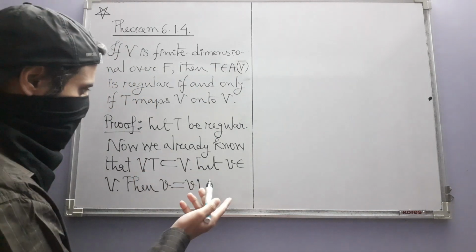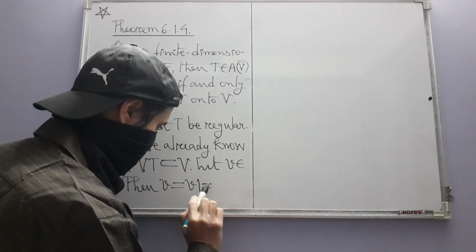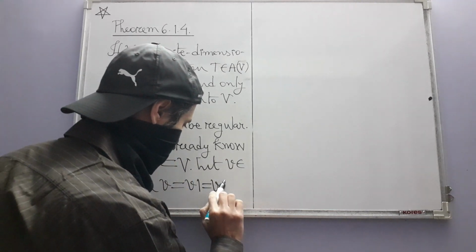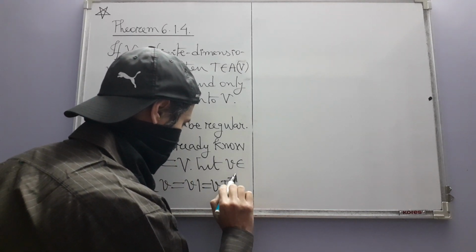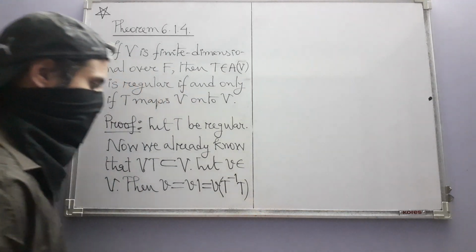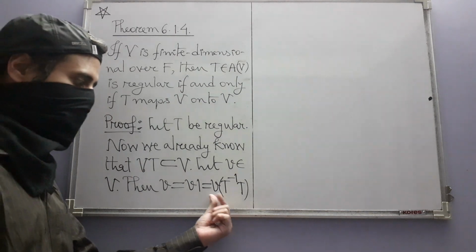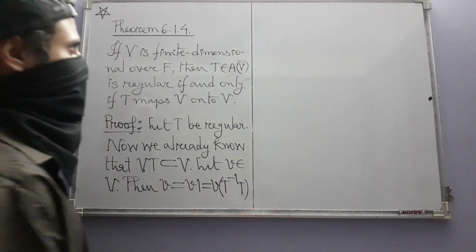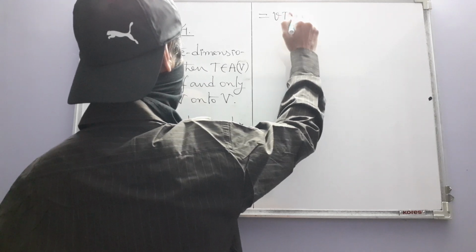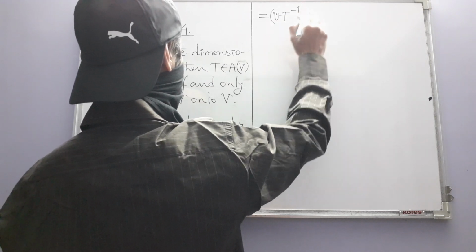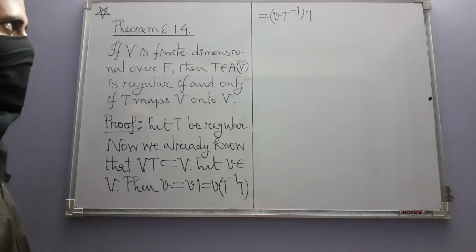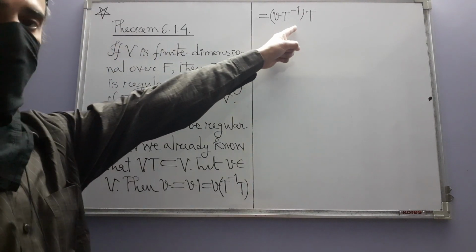And because T is regular, this identity operator can be written as T inverse T, and when you apply this product on the vector v, this just means that first you apply T inverse on v and then on the result you apply T. But then what do we see here?